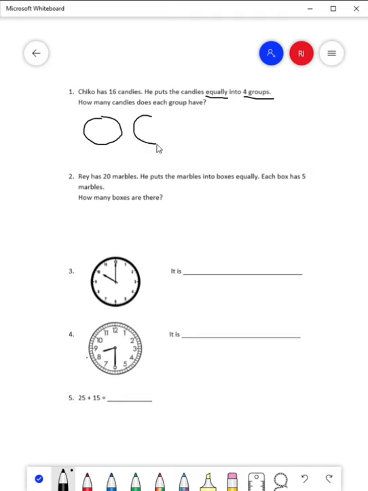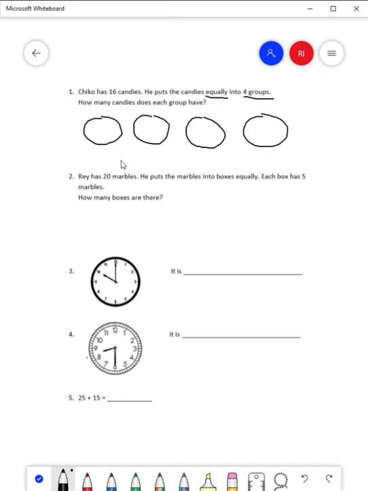1 2 3 4. Now we got 4 groups, so let's fill the candies into those groups, okay, until there is no candy left.